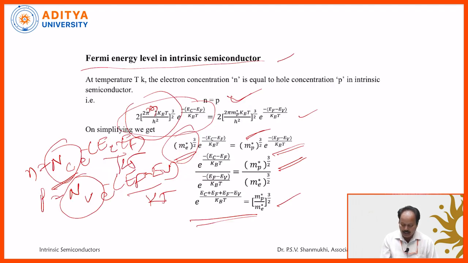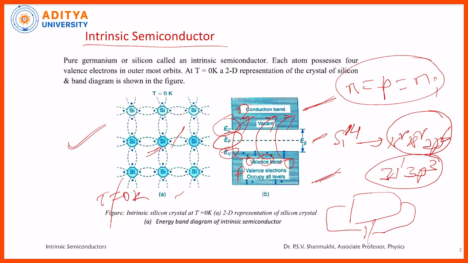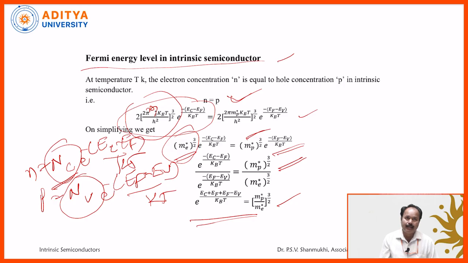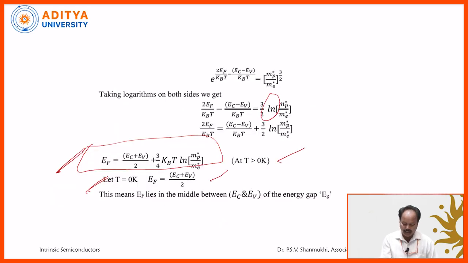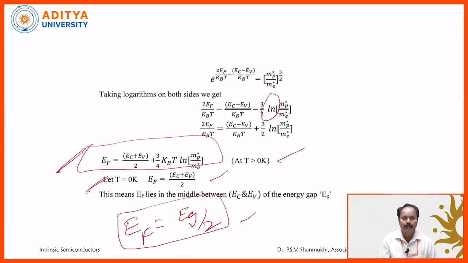Ec is the lower edge of the conduction band, Ev the upper edge of the valence band. That's why we are getting Ef is equal to (Ec plus Ev) by 2, or else we can write this as Ef is equal to Eg by 2. Fermi energy level is lying exactly at the center of the forbidden energy gap. At T is equal to 0 K, this is the expression.